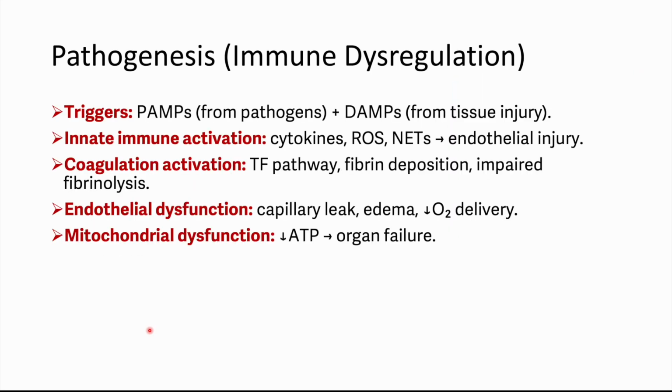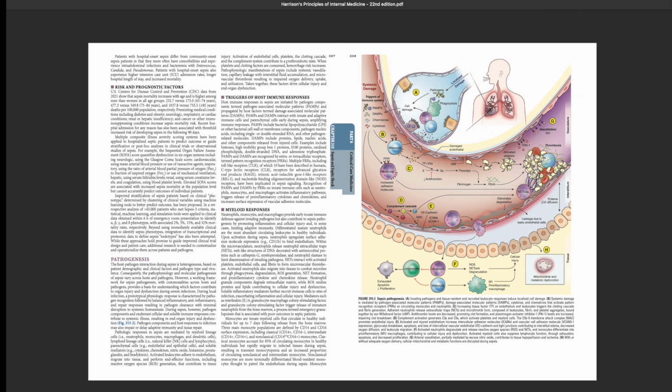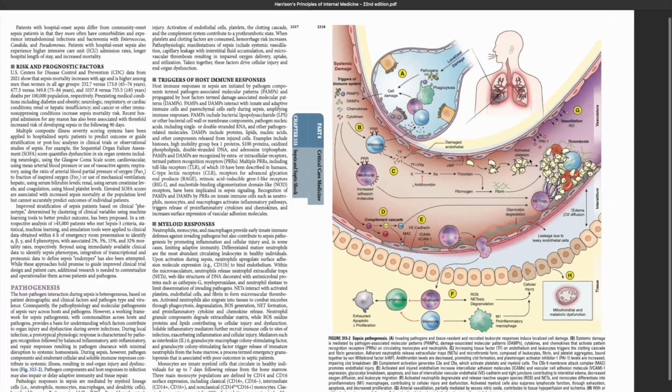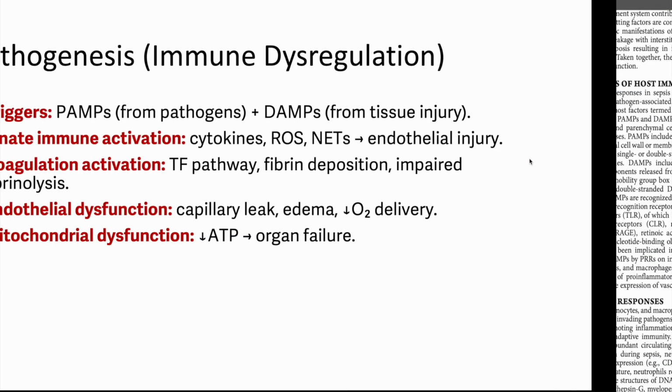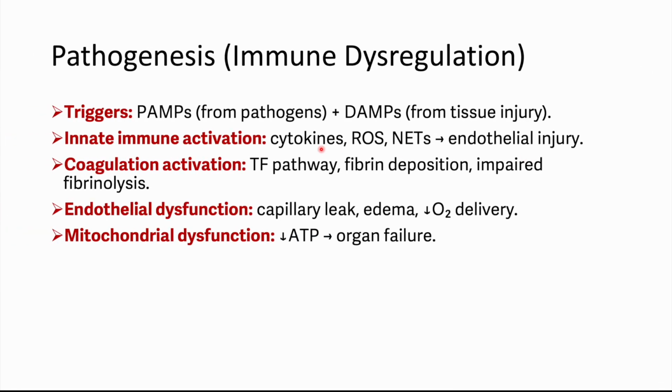So here's where things get interesting. Sepsis is not the infection itself, but the body's messed-up response. In Harrison's, they gave a big picture to explain the pathogenesis. I know it's a bit confusing, so I'll explain it in a simple way. There are pathogen-associated molecular patterns and damage-associated patterns from injured tissues. These two trigger innate immune activation.